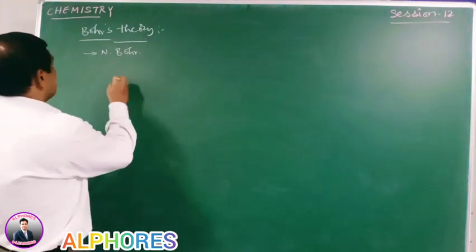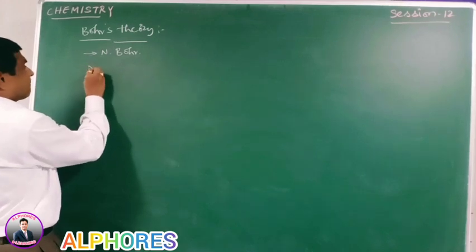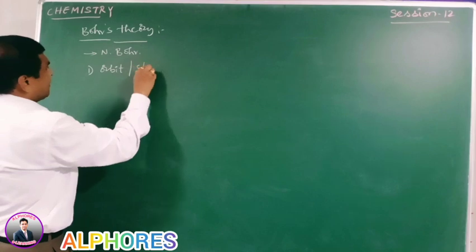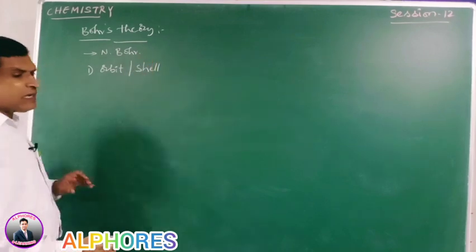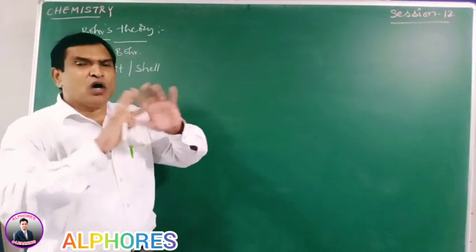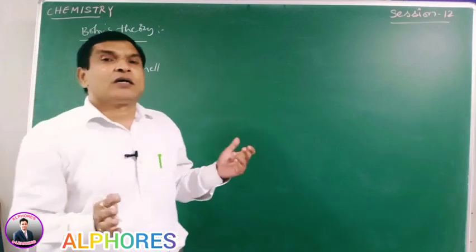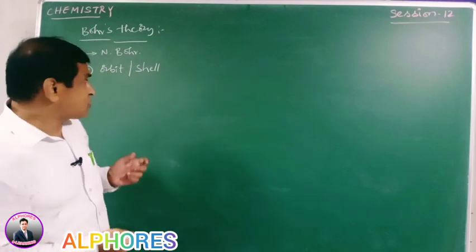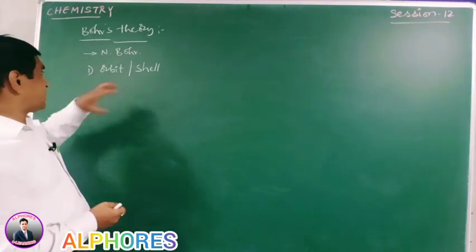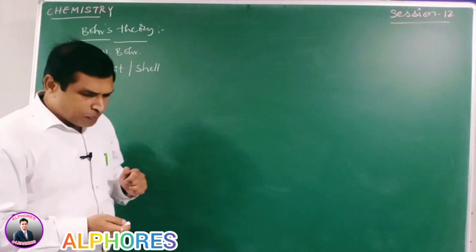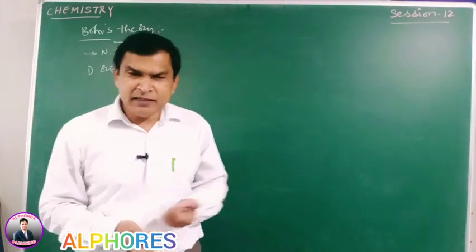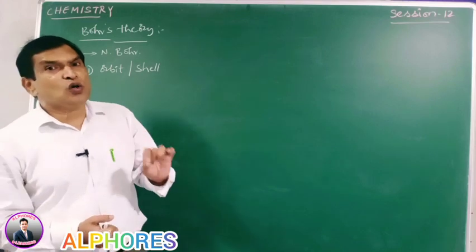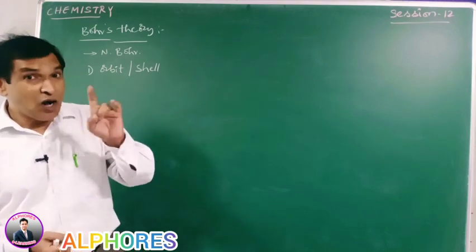Bohr's theory completely explains the nature of the orbit only. It does not explain the subshell, orbital or the orientation of the electrons. Once again, electrons revolving around the nucleus in a closed circular path is called an orbit or shell.